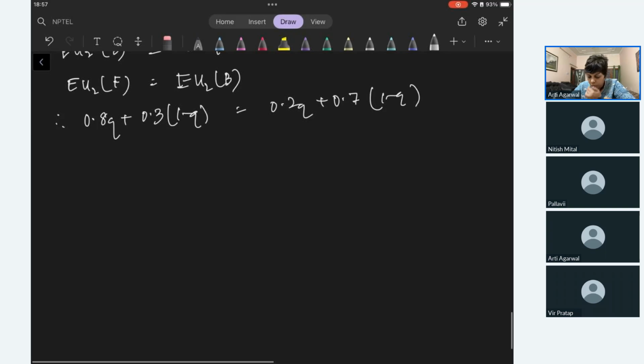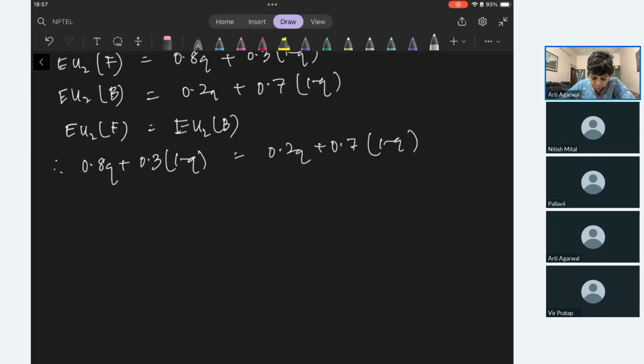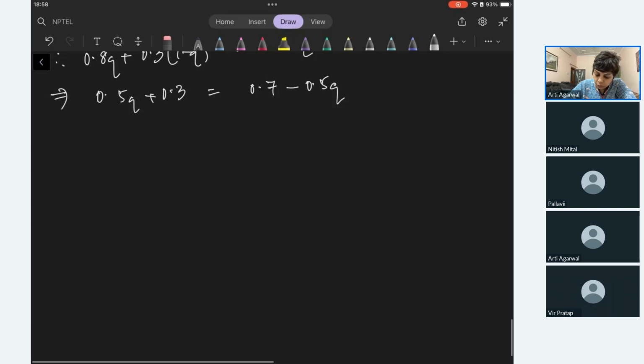And now we just simplify this. We can first simplify this part. This is 0.5 Q. So we bring this to this side, and this becomes Q is equal to 0.4 or 2 by 5.